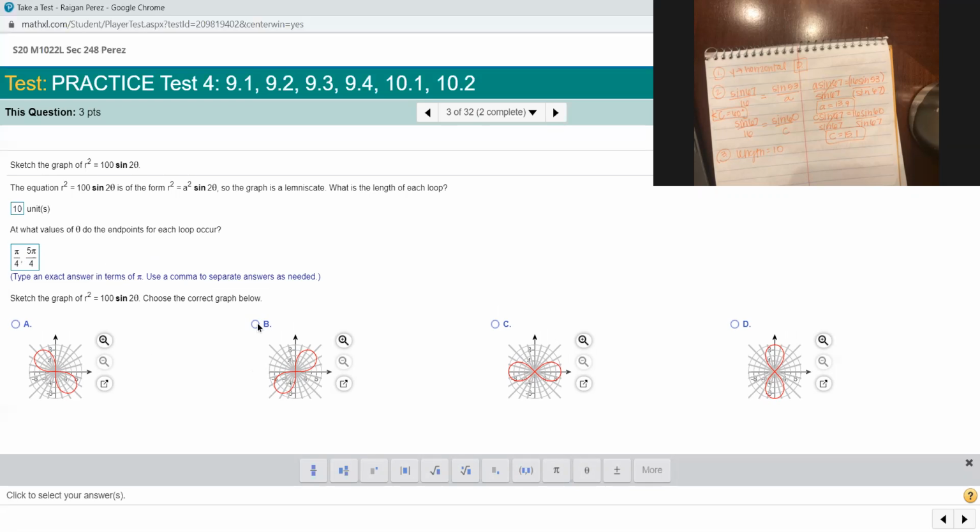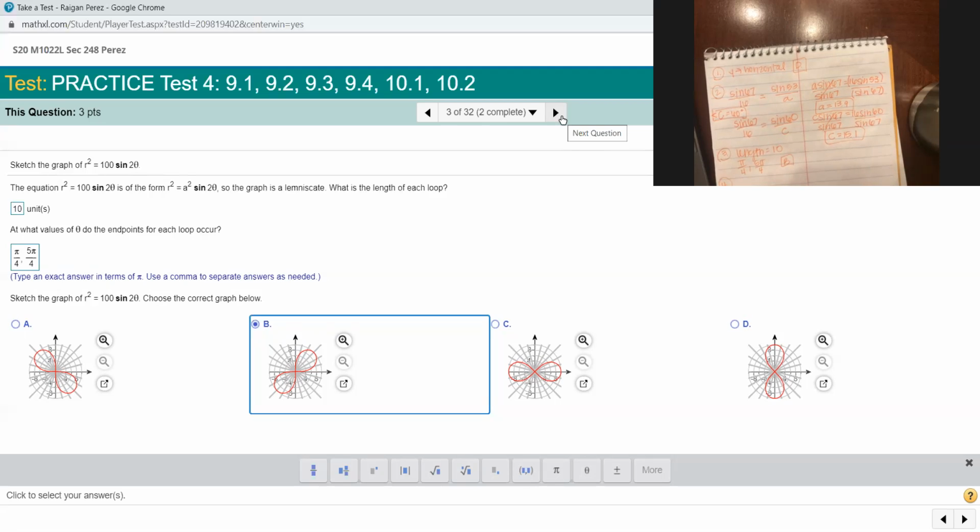So this one, B. Oh wait, but it is 2 theta. Yeah, it's supposed to be 2 theta. Okay, just make sure. Okay, so I'm gonna just write this down. Pi over 4 and 5 pi over 4, and we picked B.